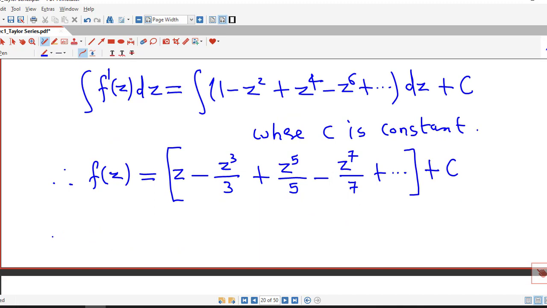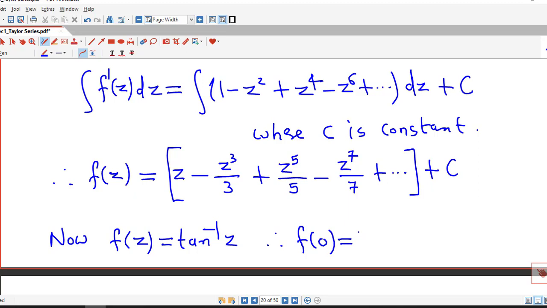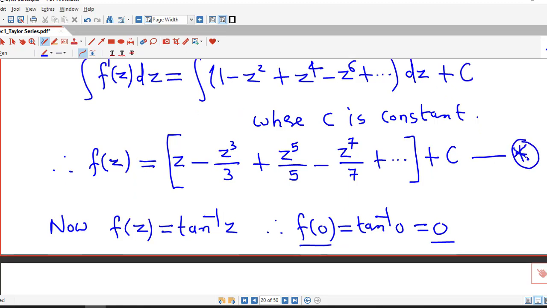Now our function f(z) is nothing but tan inverse z. If we consider the value of the function at 0, we have tan inverse 0, which is 0. So we can use this condition, f(0) equal to 0, in this equation.